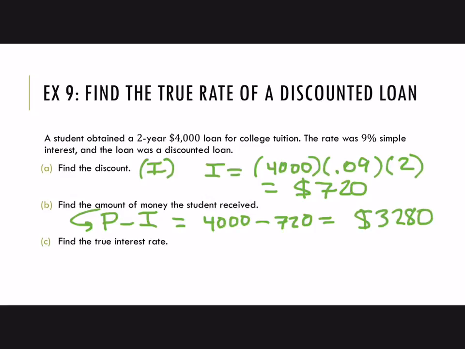Find the true interest rate. So the stated rate is 9%, but like I mentioned before, it's not actually a very accurate representation of the percentage rate, because this person is actually getting less money than they thought they were. So what we want to do is go back and recalculate and try to find the interest rate, and we're going to use the same interest, but instead of the principal, this $4,000, we're going to use the principal minus the interest, so the amount of money the student actually received.